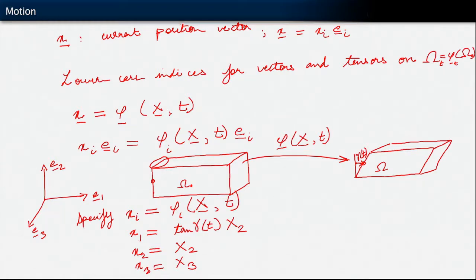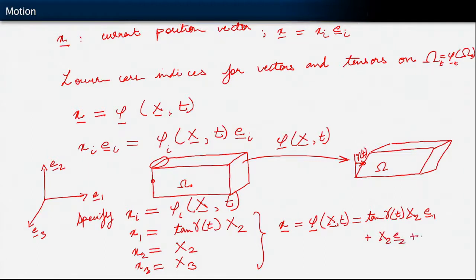So, if we now put all of this together, I'll do it right here so that we can see what we're doing. What we have is that x equals phi of X comma t, which is now written as tan gamma as a function of t times X2 E1 plus X2 E2 plus X3 E3.